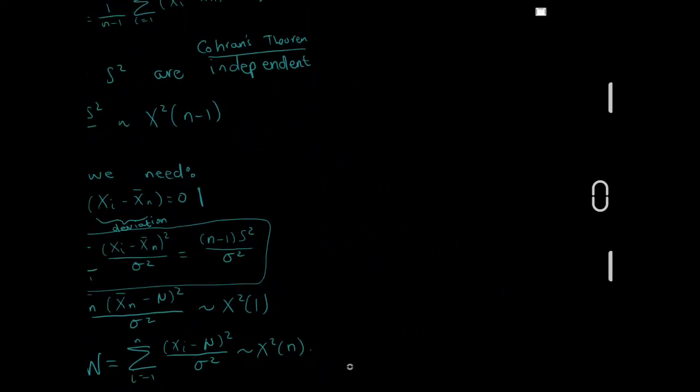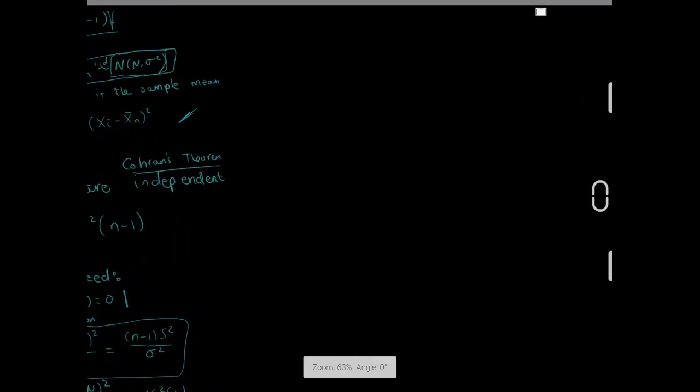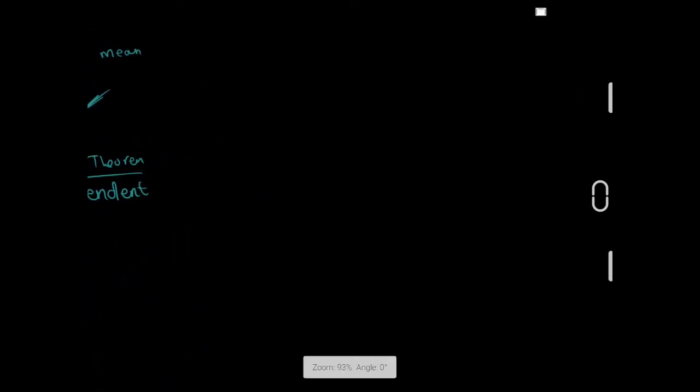Now, the proof is a bit weird because we don't really use MGFs. Well, we do use MGFs, but we don't do it in the same way.